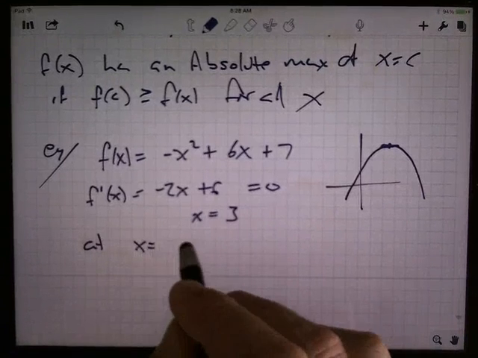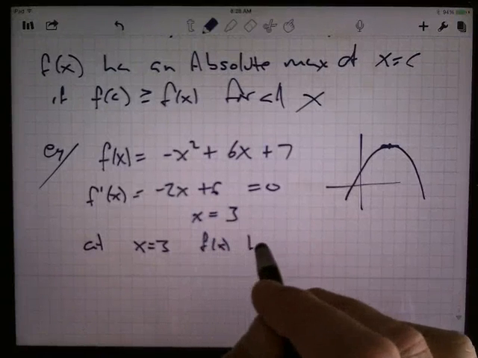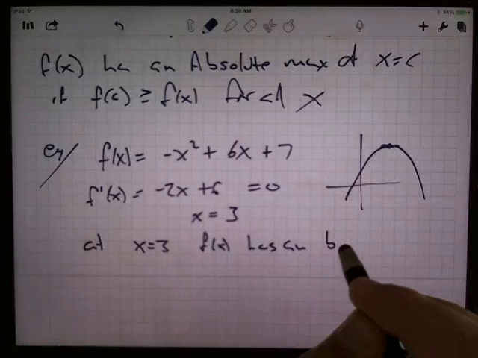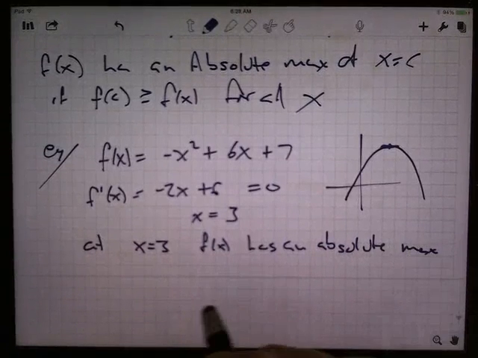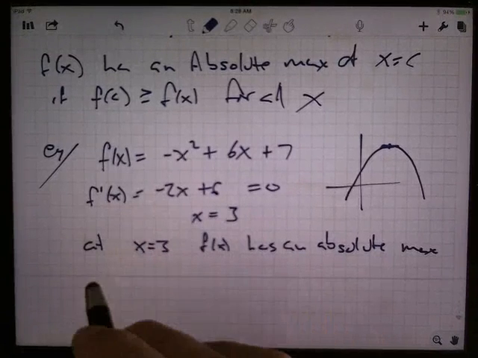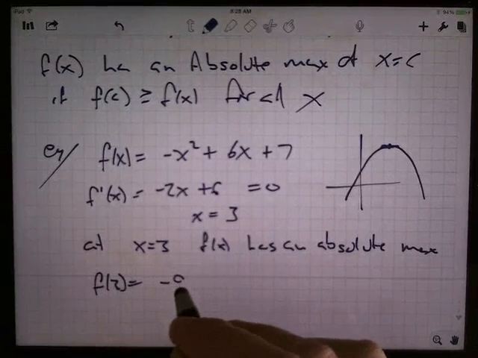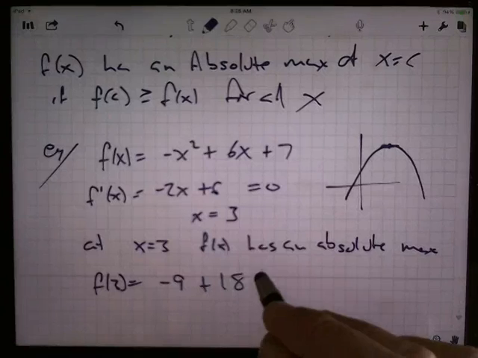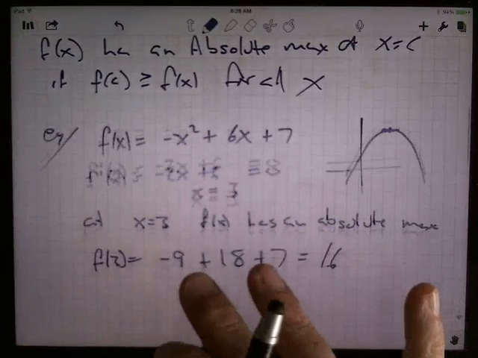At x equals 3, f of x has an absolute max. However, plug the 3 in: f of 3 equals negative 9 plus 18 plus 7, so this is 16.